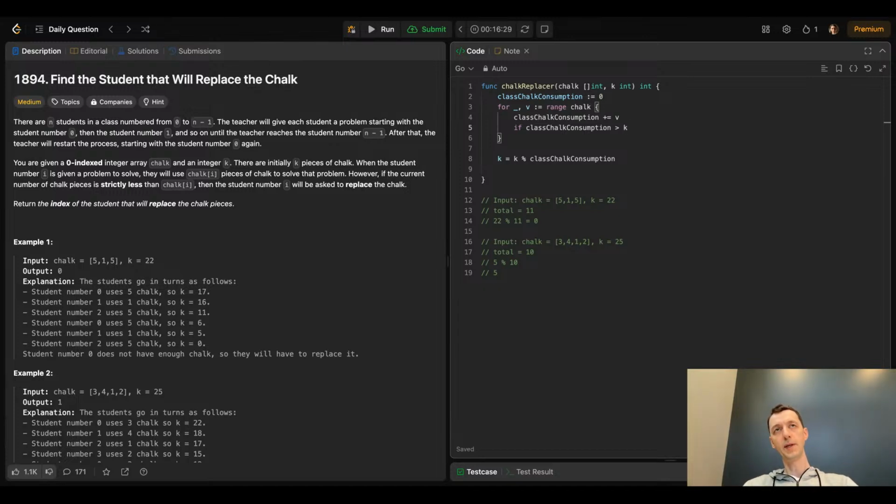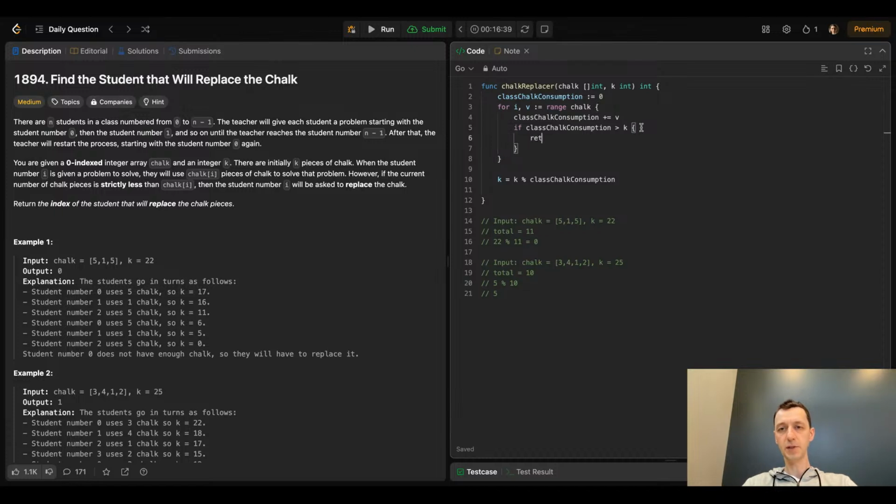So the moment it gets bigger, that means that that student needed more, so we can actually return I. But that takes care only of the case where it's bigger, okay?